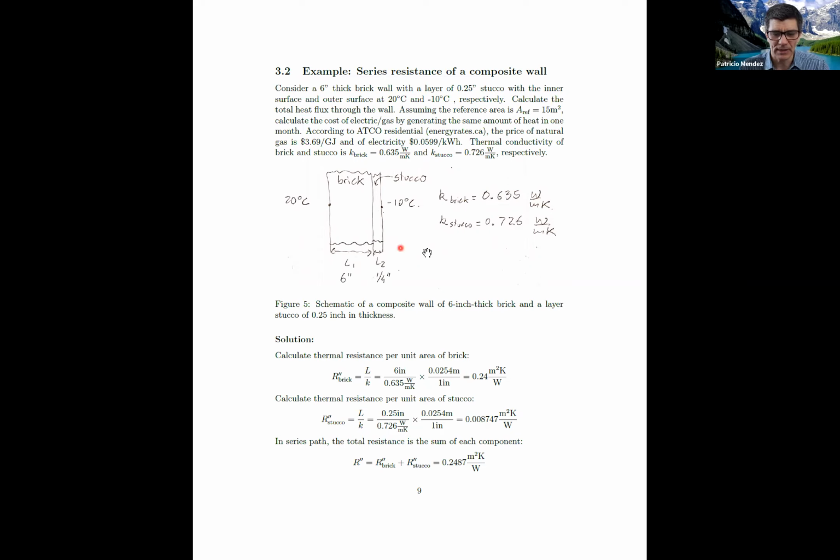Does the thermal conductivity change significantly? No. 0.635 and 0.726, more or less the same. Definitely the same order of magnitude, but the thickness is very different.